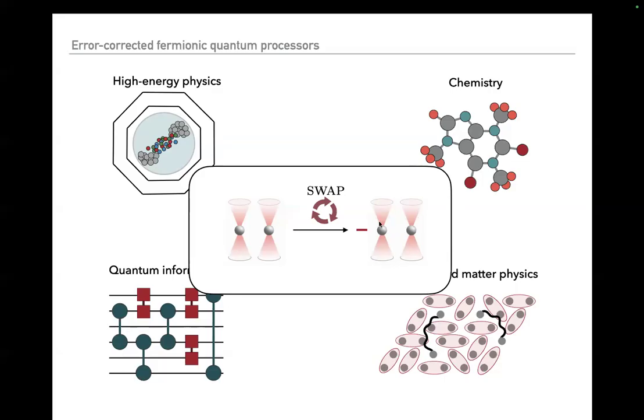But as opposed to bosons, they get an additional minus sign, which comes directly from the anti-commuting nature of the underlying operators. This is what changes with respect to bosons. And I'm going to tell you a bit about how this affects these ideas of fermionic quantum processing with respect to the bosonic case.